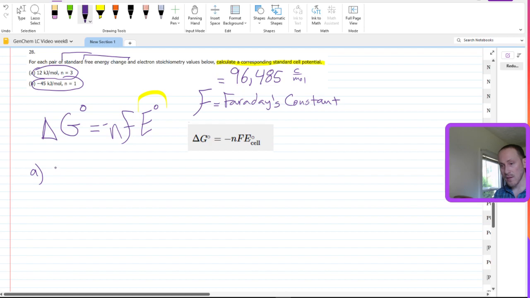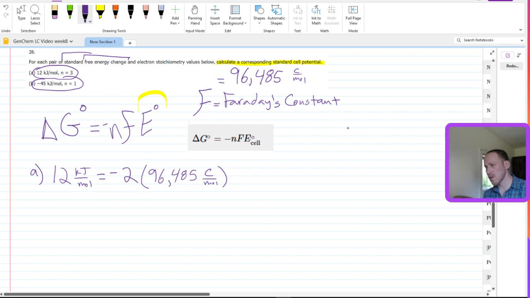We're told that delta G equals 12 kilojoules per mole. Our standard delta G is going to equal negative 2 electrons times 96,485 coulombs per mole. And a volt equals a joule per coulomb.